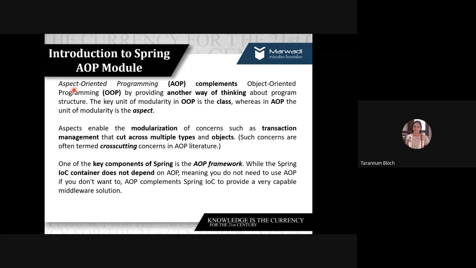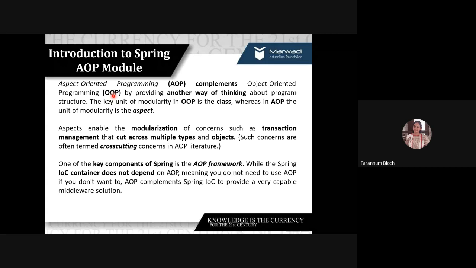Right? When you're having an idea or a problem, you try to change it, right? So it's a kind of thought, idea, or you can say point of view, right? So that is what aspect means. Now when I say aspect oriented programming, it complements object oriented programming.